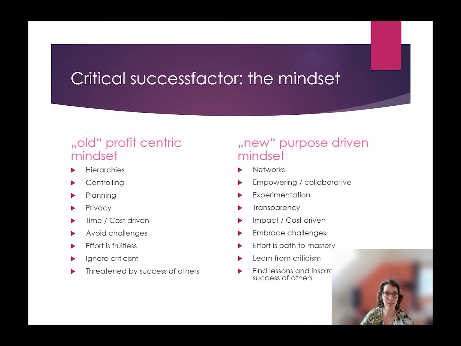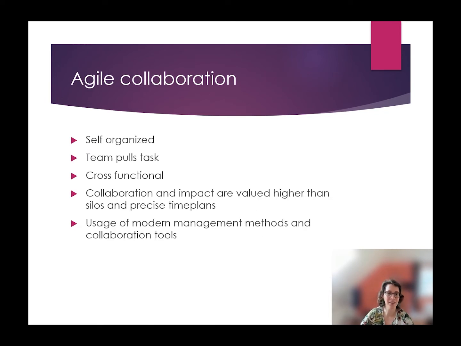And this goes actually one step forward, and this is the agile collaboration. So you also want to seek for people to be self-organized. You want the team to pull the tasks, to work cross-functionally together, and also that the collaboration and impact are valued higher than silos and precise time plans. And of course, you also want to use modern management methods and collaborational tools.